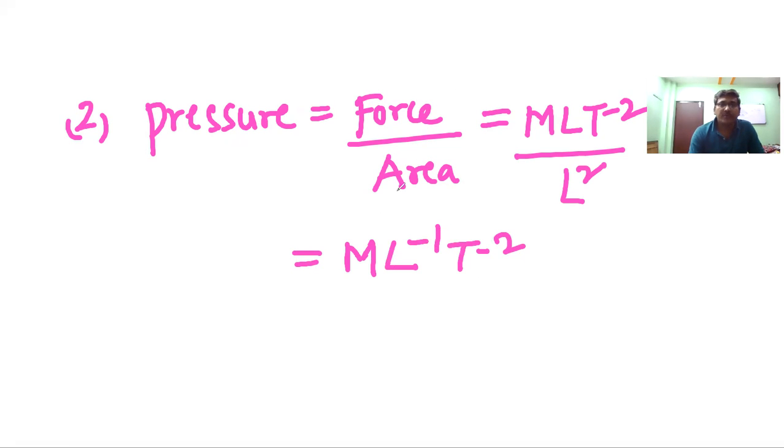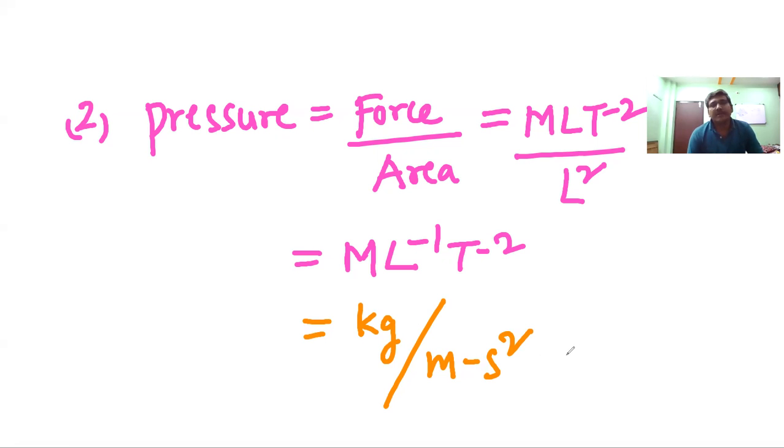And if I want to put this in the units, mass is kg, and L is in the denominator, meter. T is second, so second square. So kg per meter second square is the unit of the pressure.